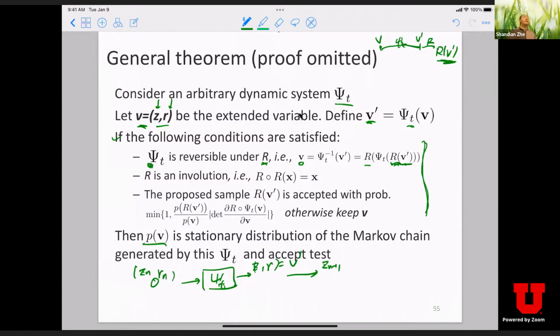Reversible means that if I use my actual proposal as the initial state and follow the same procedure to generate another proposal, it will be exactly v. Again, this is just to ensure detailed balance, because you want the probability of going from the current sample to the proposal to be exactly the same as going from the proposal back to the original sample.